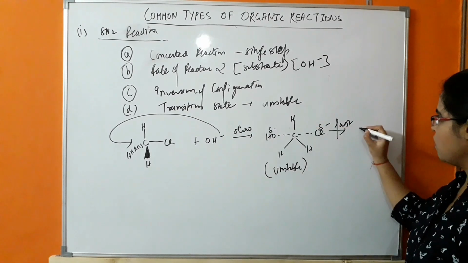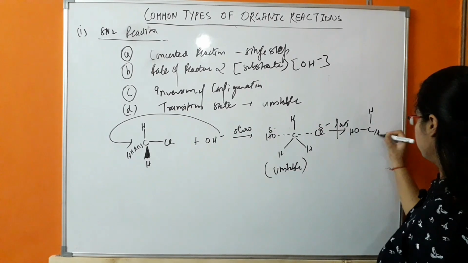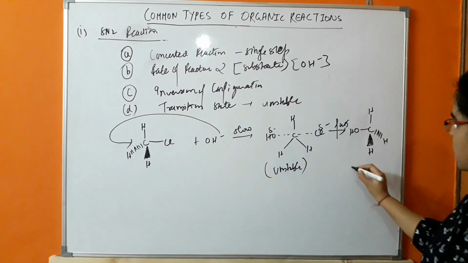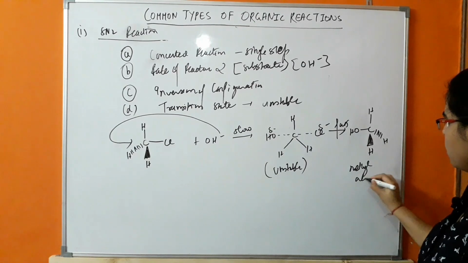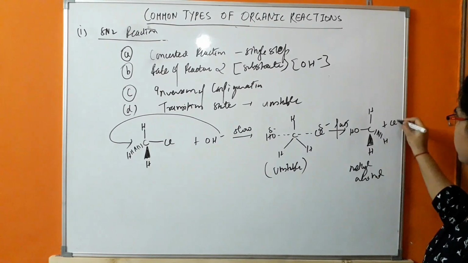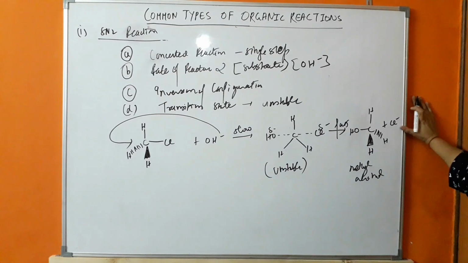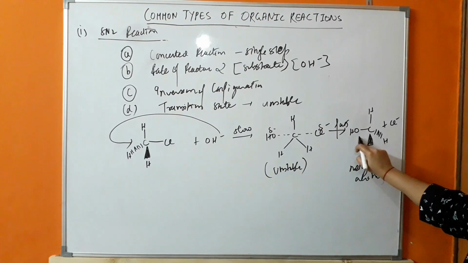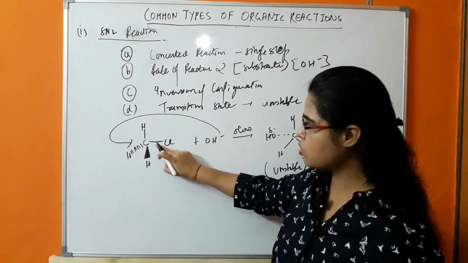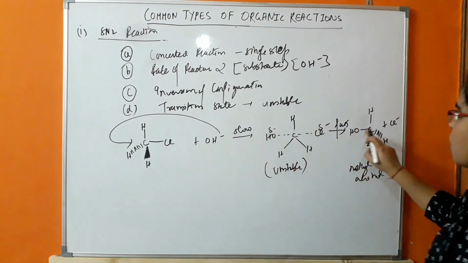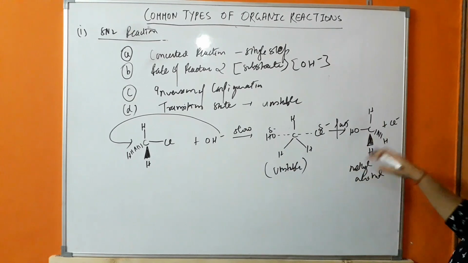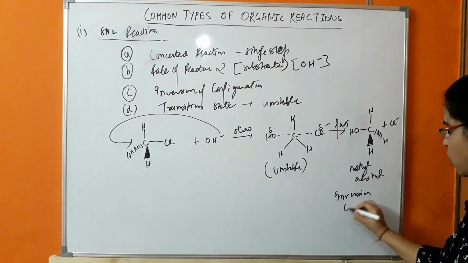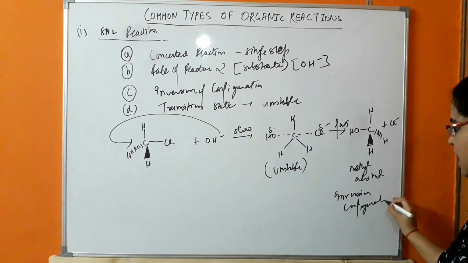So it will form methyl alcohol, and removal of Cl minus takes place. This is the leaving group. As you can see, there is a change in configuration. In the substrate the chloride is on one side, whereas in the product the OH minus is on the opposite side. So inversion of configuration is taking place.